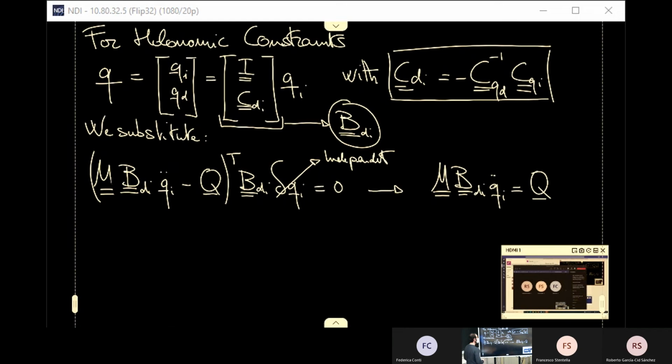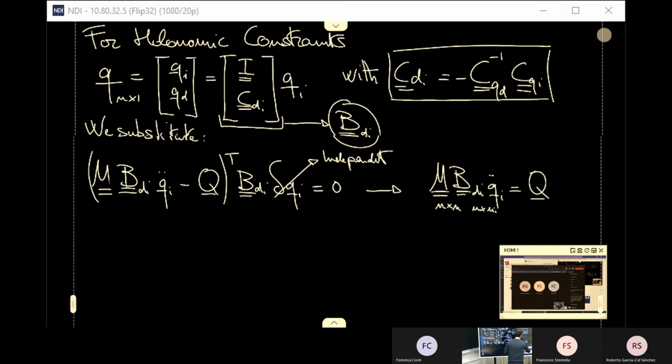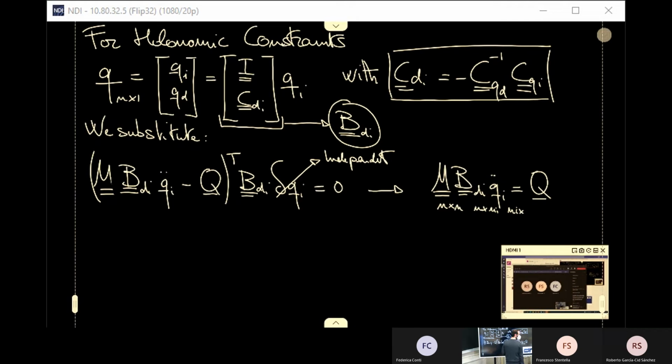Now, typically, we prefer to deal with a mass matrix, because you see now, this is an n times n matrix, right? That's the mass matrix, because it encompasses everything, right? So this is an n times 1. So this one instead is an n times n_i, where n_i is the number, again, of independent coordinates, and this is n_i times 1. While this is, of course, an n times 1 vector.